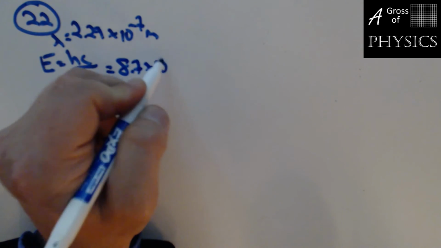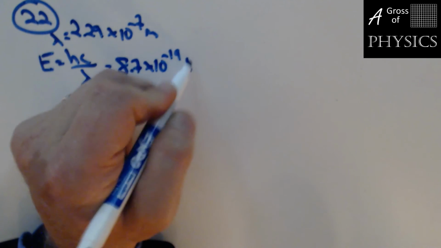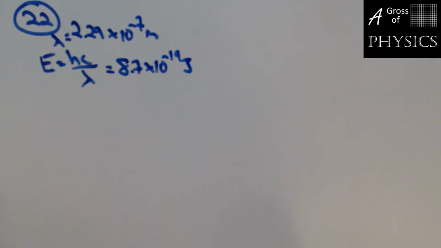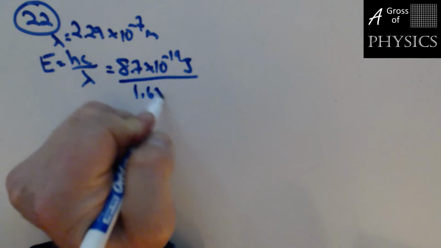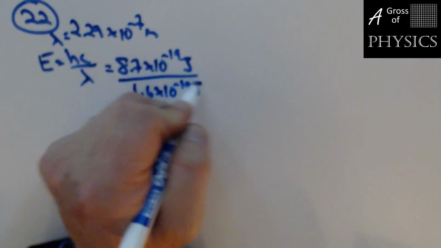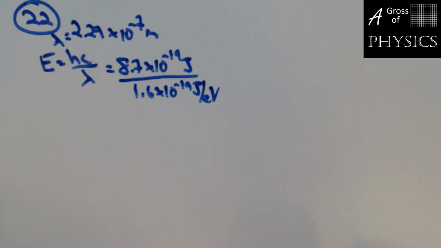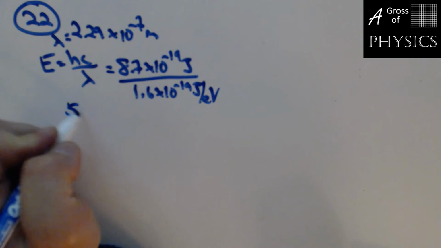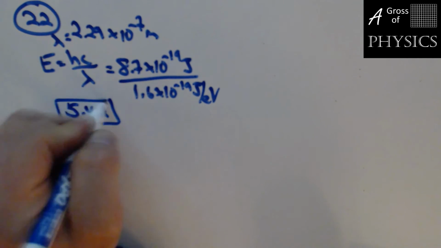Now the energy is 8.7 times 10 to the -19 joules, but we need it in electron volts, so I'm going to divide that by 1.6 times 10 to the negative 19 joules per electron volt. And I get 5.42.